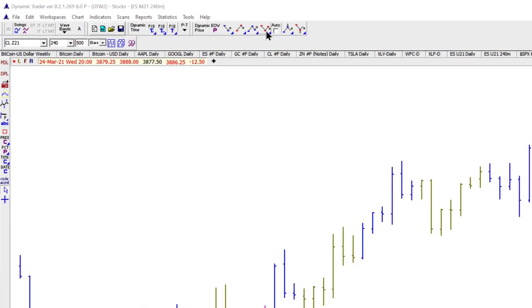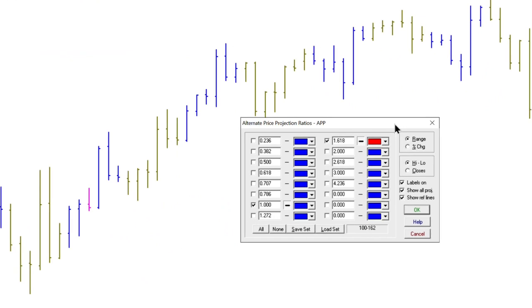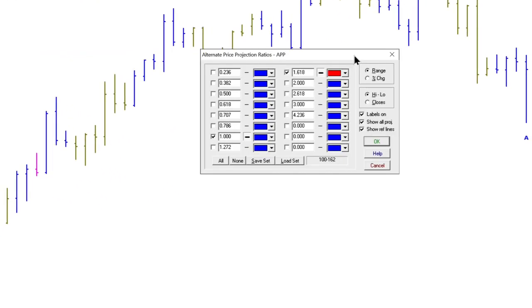So let's go up to our alternate price projection, our 3 points. This is the icon for those that point down. Once again, most software will have the same type of setup, the same type of choices to be made.